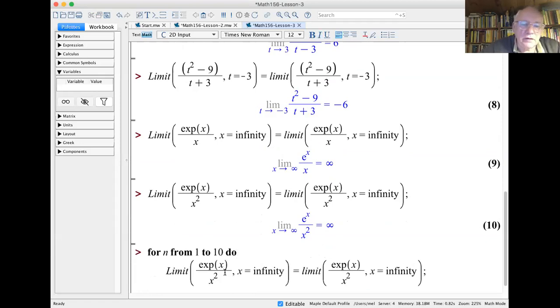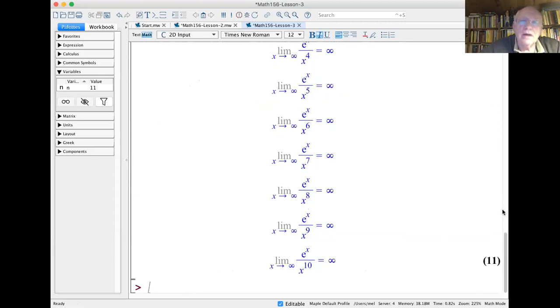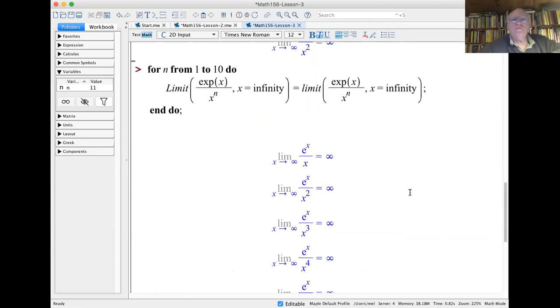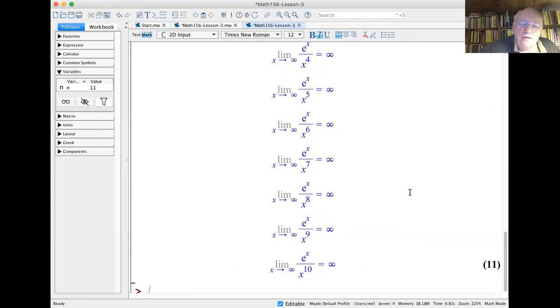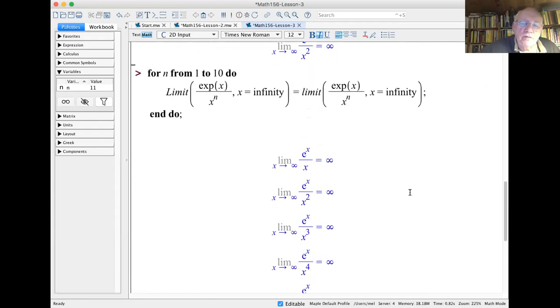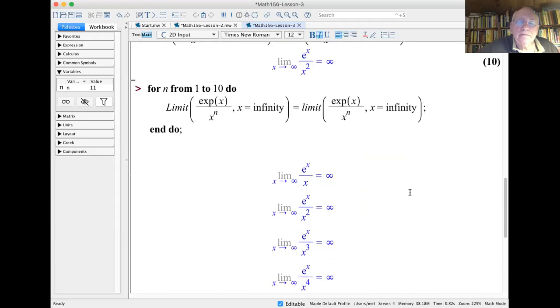I like to indent this a little bit. I'll make this x to the power n. And then my loop has to end with an end do. So it seems like e to the x divided by these first 10 powers of x, numerator and denominator are both going to infinity, but the quotient still goes to infinity. e to the x is much bigger than x to the n.